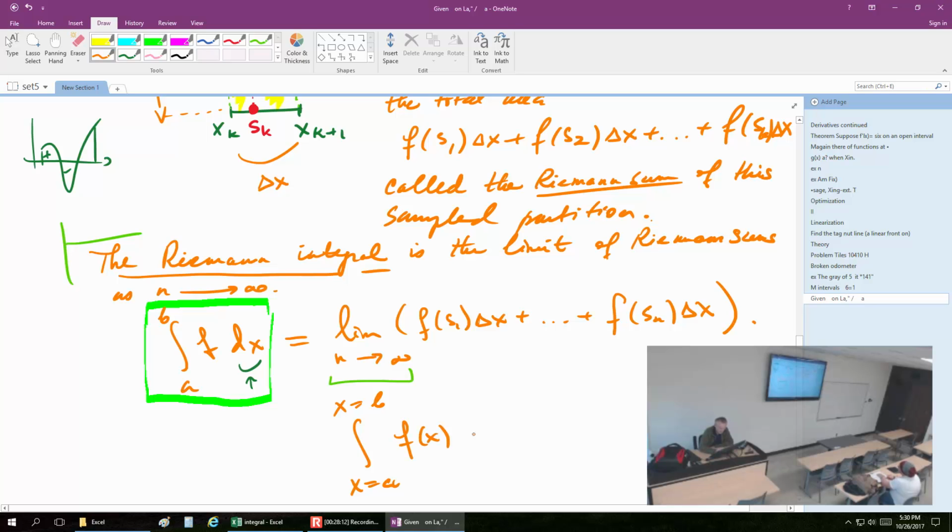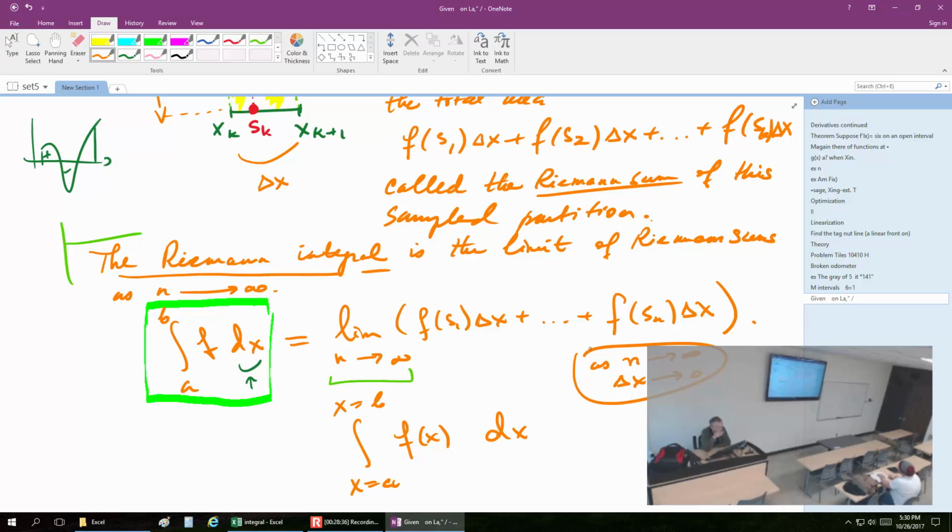Here I have f of x, and here I have dx, which is, remember, just as we did with the derivative, delta x is turned into dx when delta x goes to 0. When n goes to infinity, delta x goes to 0, right? Because you divide b minus a over n, so that's what delta x is.